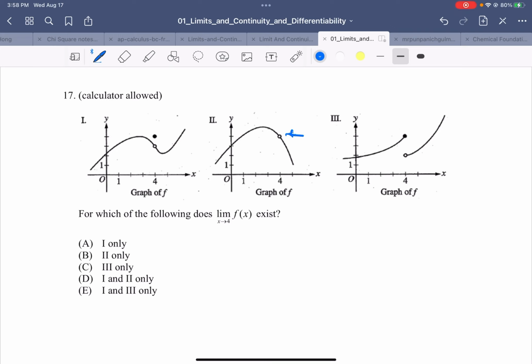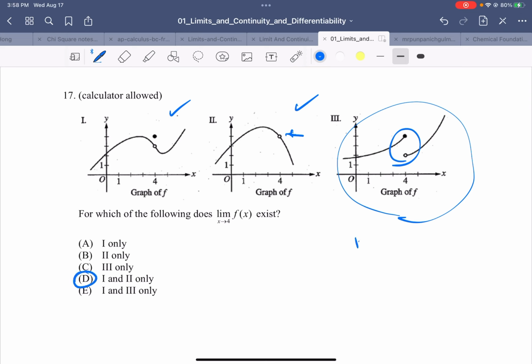No, the limit value exists as long as the left hand limit and right hand limit match. In this case, the left hand limit goes to this y value and the right hand limit goes to that y value. They don't match, so this one's limit does not exist. This one is okay, and this one, yes, you have a limit. So 1 and 2 only.